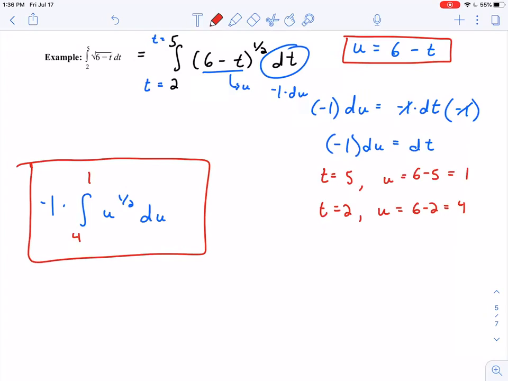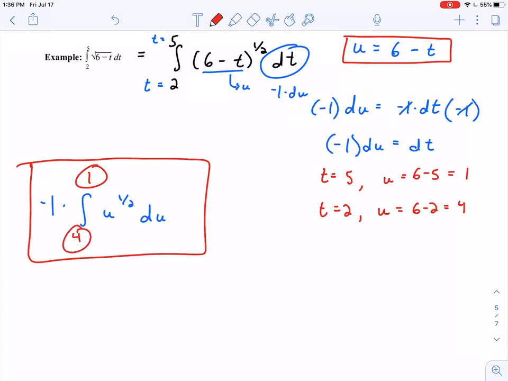If I'm using this method of integration by substitution, I basically forget that there was ever a 6 minus t or anything like that. I pretend that this is my new problem, this is what I'd like to evaluate. One thing I'd like to mention: notice that up until this point, the upper limit of integration has always been bigger than the lower limit.